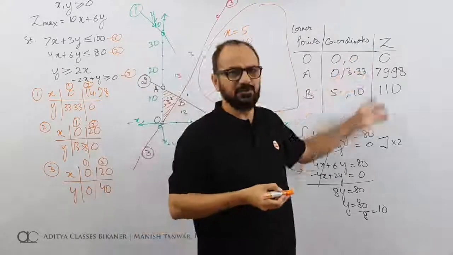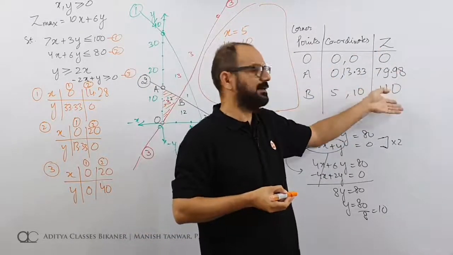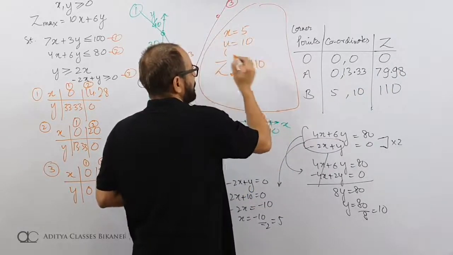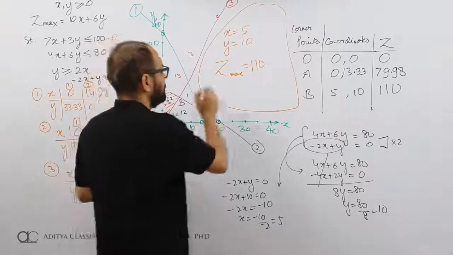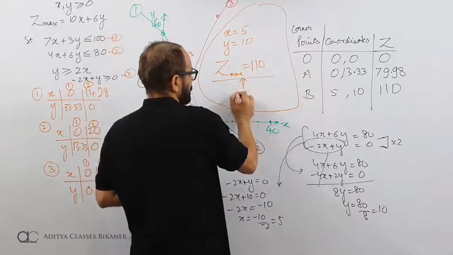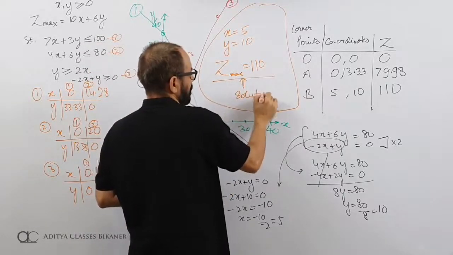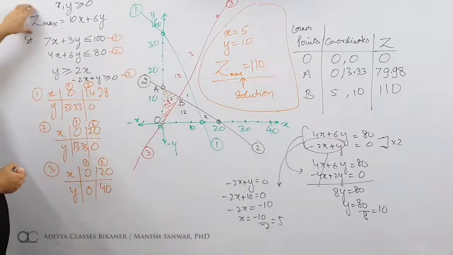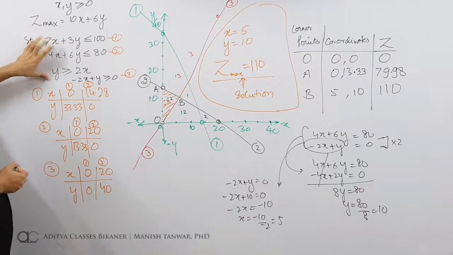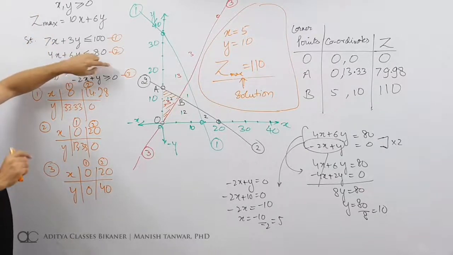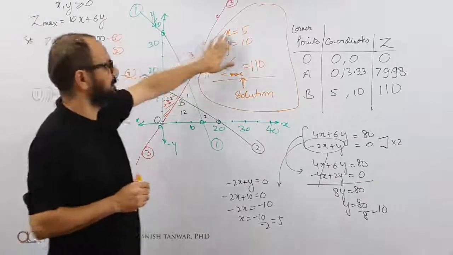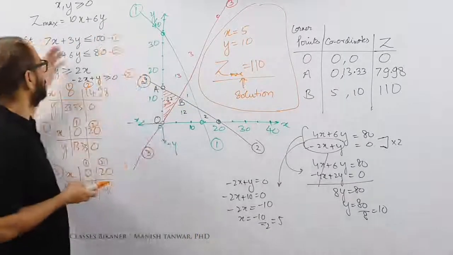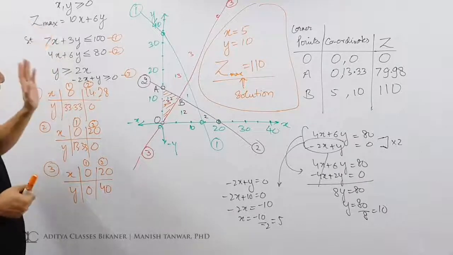These were the Z values 0, 79.98 and 110, but now I can say the max value is 110. This is the solution of this data set. I had an objective function. I had 3 constraints, one of which needed some modification. So, I modified it, I plotted it, and these are my values. So, this was it for the solution, or maximization, of this linear problem.